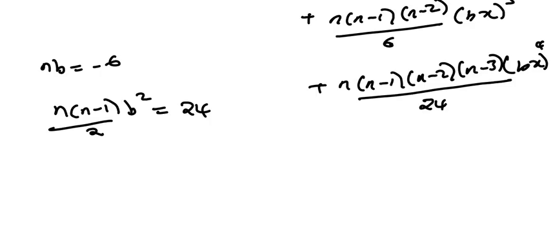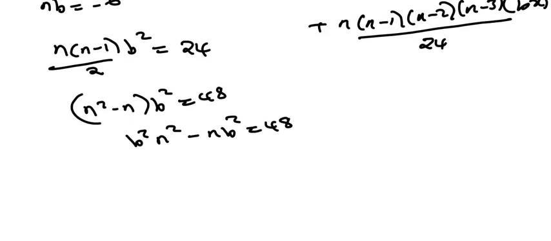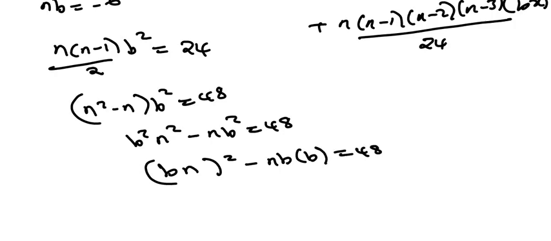Cross multiply, that's going to be n squared and n. There's a b outside. This is 48. This is going to be b squared times n squared minus n, and b squared is equal to 48. So we're going to have bn squared, then this is nb, then there's a b is equal to 48.